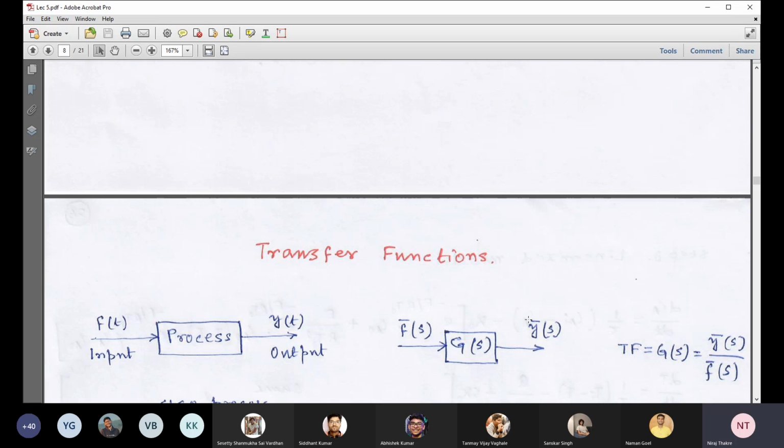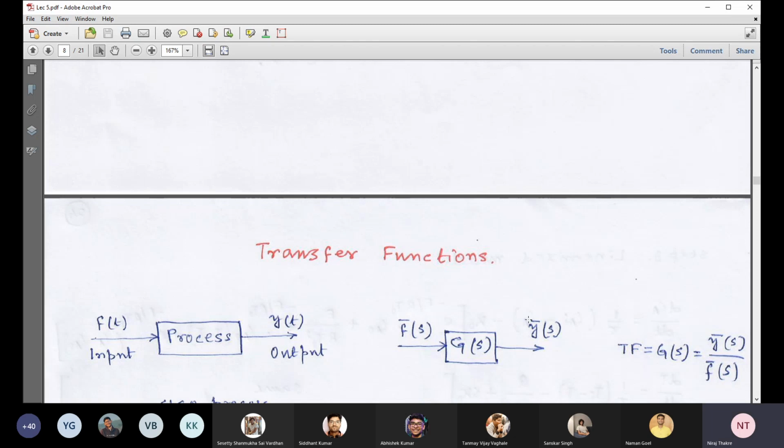Okay, you see in the first diagram on the left hand side, we have drawn a block which is representing a process. Obviously for a process, there is input and there is output. We have first drawn a process through a block, and for a particular process, we know there is input and output.